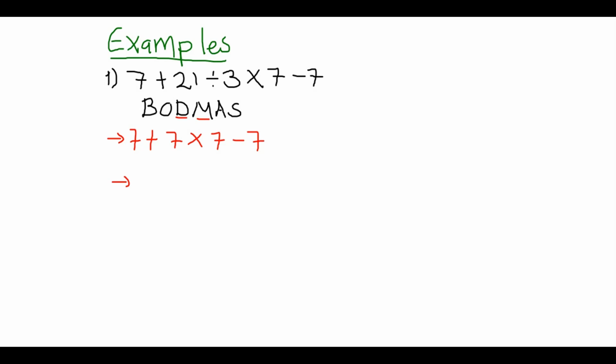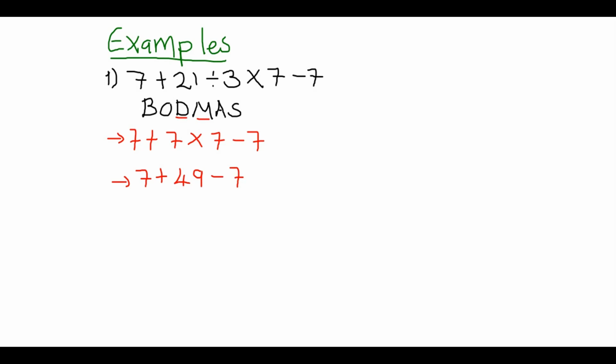So we are going to rewrite the other 7 plus, then 7 multiplied by 7 will give us 49, and then subtract 7.